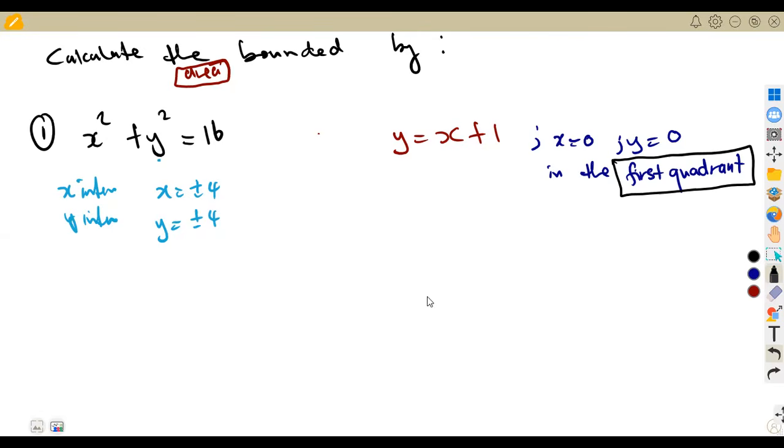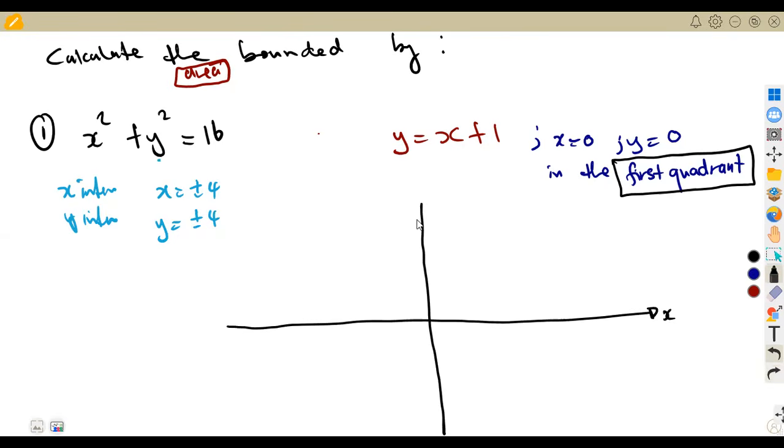So I'm just going to have a sketch of what is going to happen. In this case, it's not going to be as accurate as it is supposed to be, but I want you to have an idea of what is happening here. So this is something of this nature. We've got our x-axis and our y-axis.